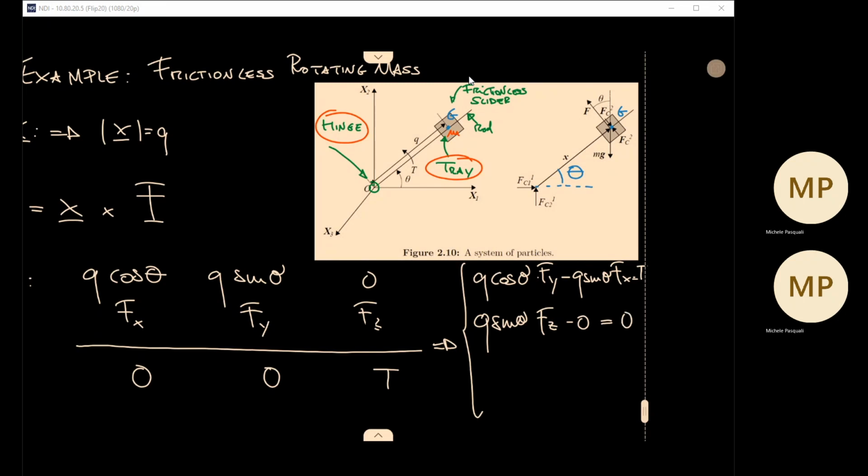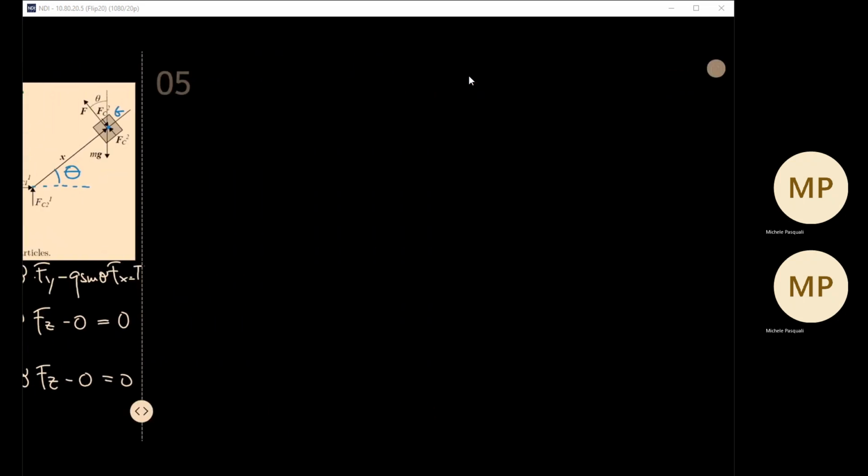And then you have that q cosinus of theta times fz minus 0 is equal to 0. So these are the three equations that we have to solve to find fx, fy, and fz. It is straightforward to get from here the following.